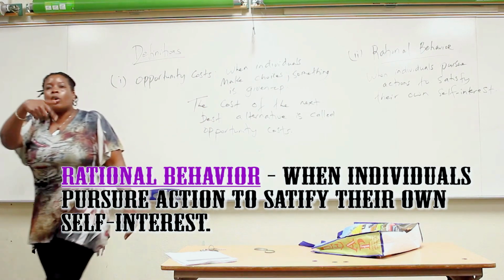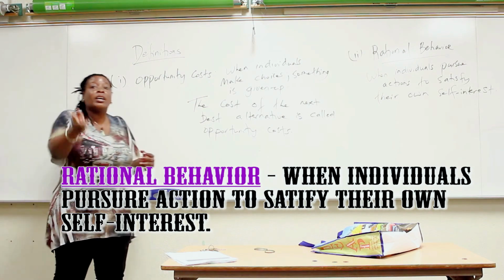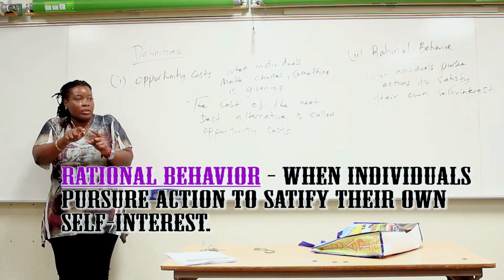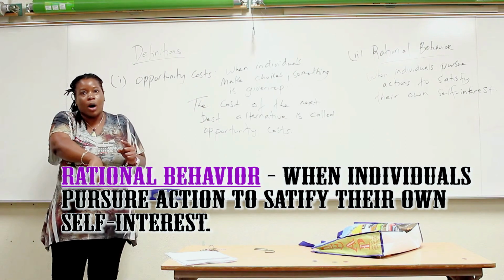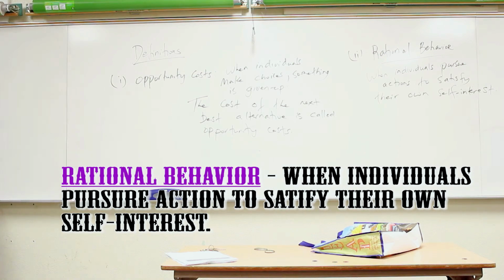So he finishes that apple, passes the core, and he starts to eat a second apple. Because he's a rational individual, I can assume that the first apple did not give him enough satisfaction. That's why he moved on to the second one. Because he's rational, I can assume that about his behavior.